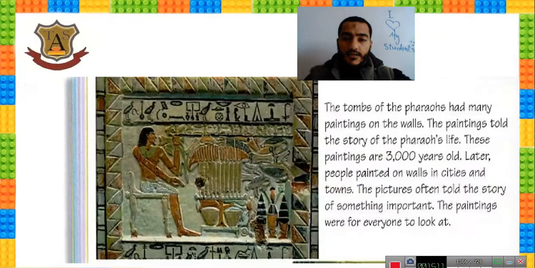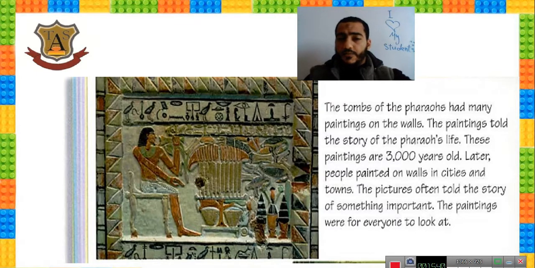Okay, let's see the next. The tombs of the pharaohs had many paintings on the wall. The paintings told the story of the pharaoh's life. These paintings on the wall tell us a story about their life. These paintings are 3,000 years old.